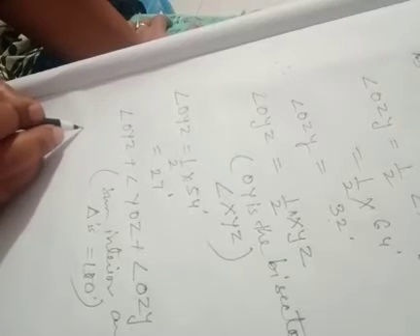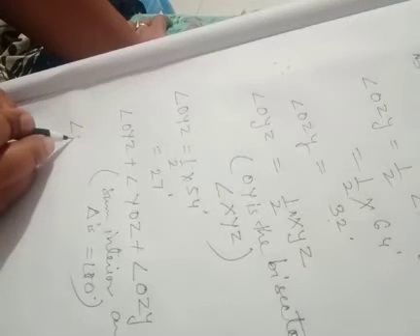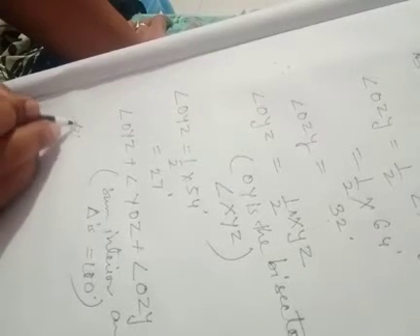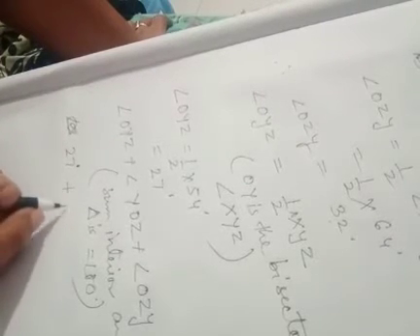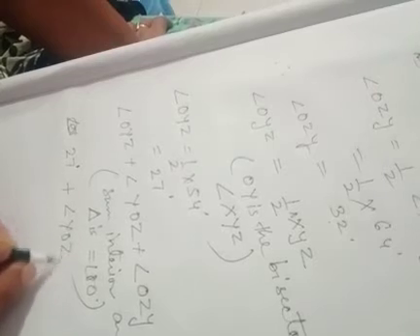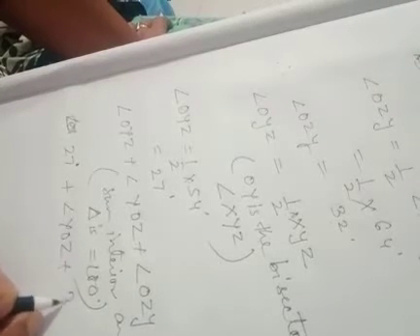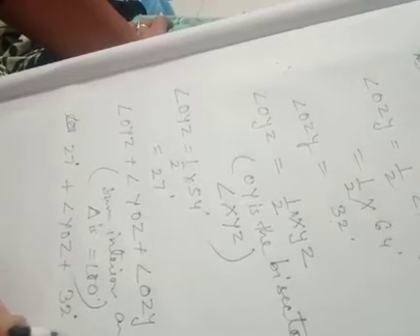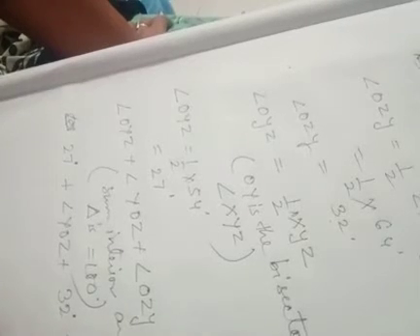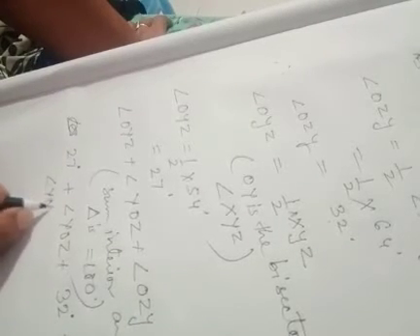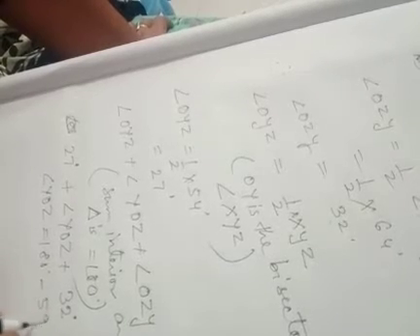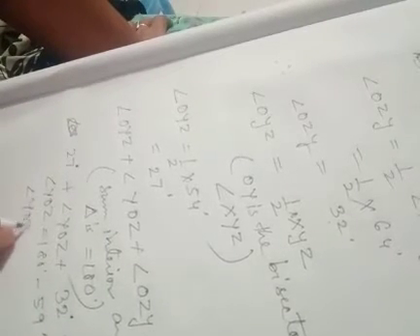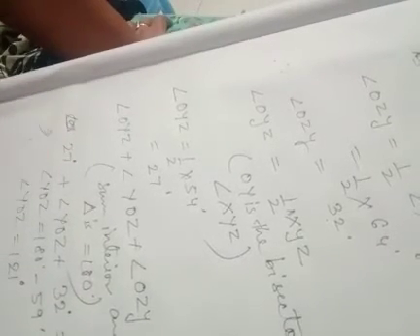So write down angle OYZ is equal to 27 degree and angle YOZ you have to find out, and angle OZY is equal to 32 degree, which is equal to 180 degree. So angle YOZ is equal to 180 degree minus 59 degree. So angle YOZ is equal to 121 degree. Okay.